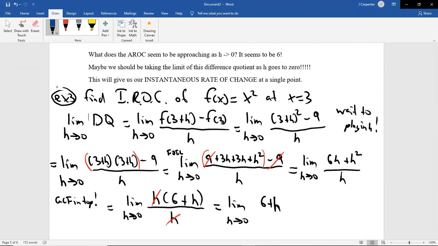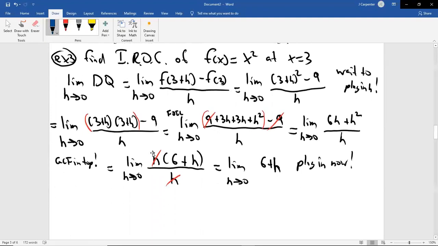And if you plug in 0 into this, you won't get that indeterminate form. In fact, there's no more denominator. So now we can plug in. So this becomes 6 plus 0. Oops, it didn't change the color that time.